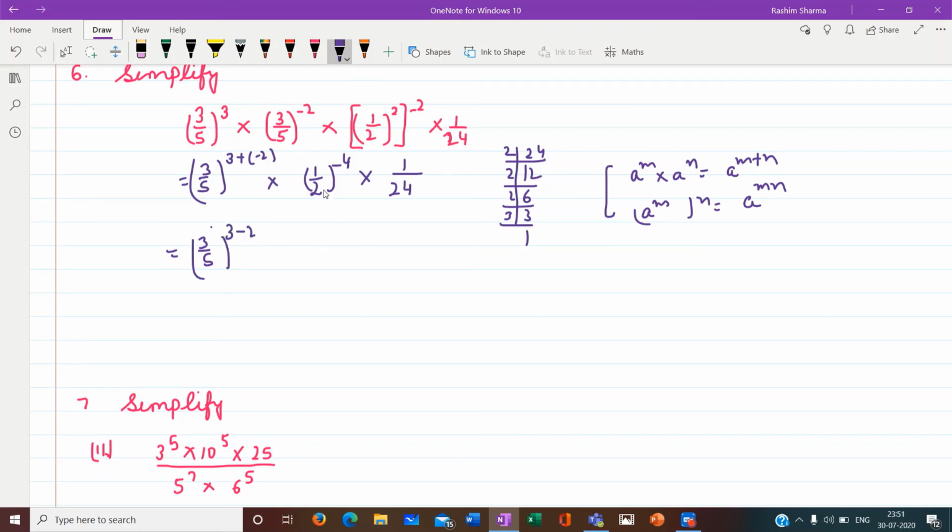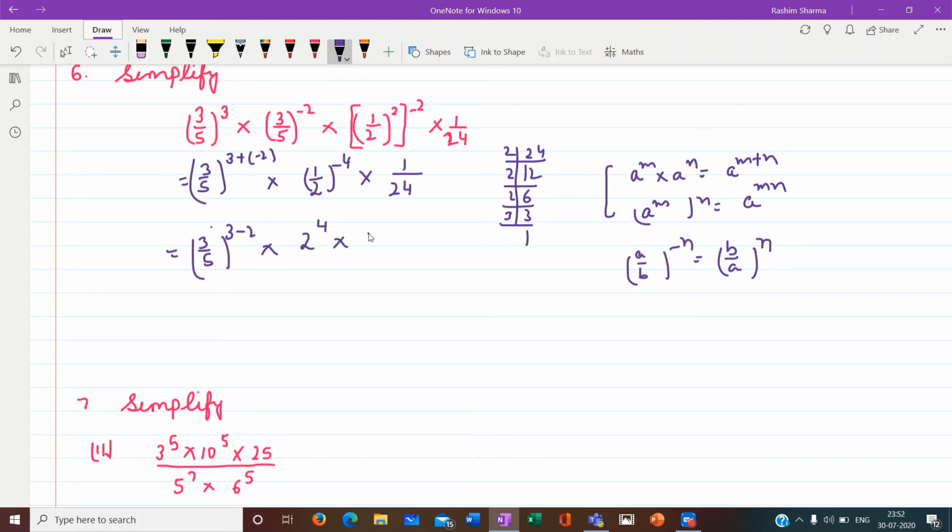And we have done negative exponents: if we have (a/b) raised to power minus n, we can reciprocate the fraction and the exponent will become positive. So same here, 1 upon 2 will change to 2 raised to power 4.